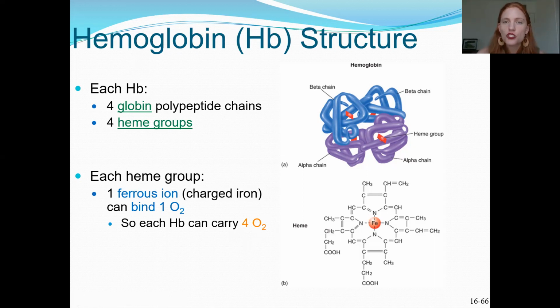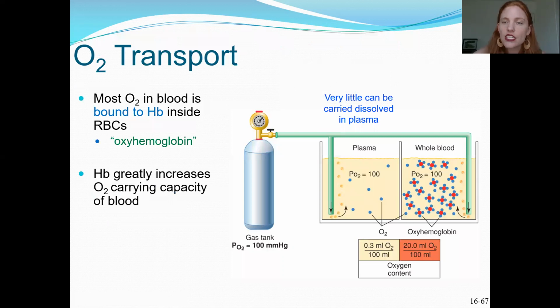Okay, so the oxygen will be carried with the hemoglobin, and this allows the oxygen carrying capacity of the blood to go way up because the oxygen does not dissolve well in the plasma, which is water mostly. But if it's carried around with the protein hemoglobin, you can get a lot more oxygen into that blood. Okay, and that's why we have red blood cells, to help carry that oxygen.